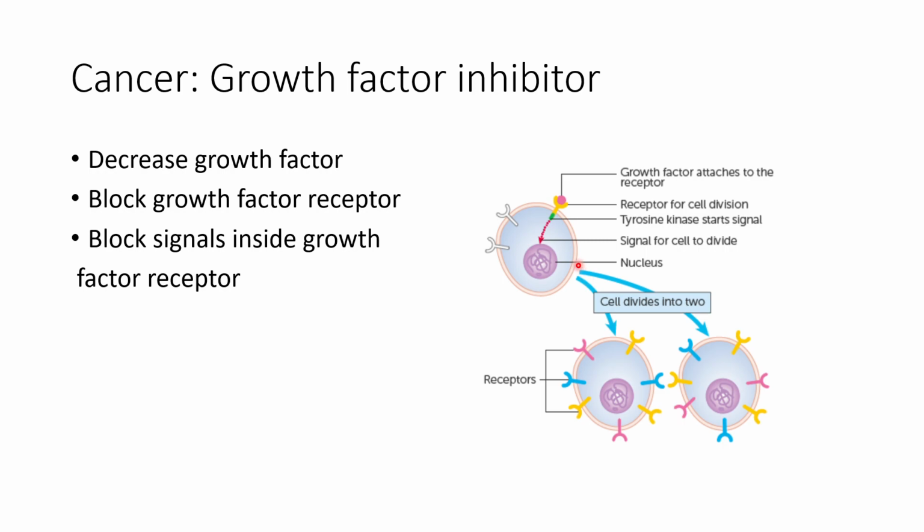In this case, it also works for those cancer cells that need a small amount of growth factor for cell division, because if this signal is not functioning properly, even the small amount of growth factor is not sufficient to divide the cells and proceed for uncontrolled growth.